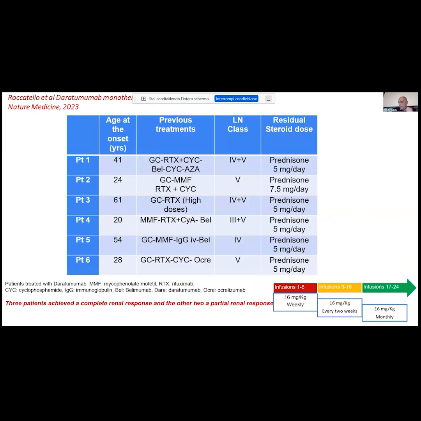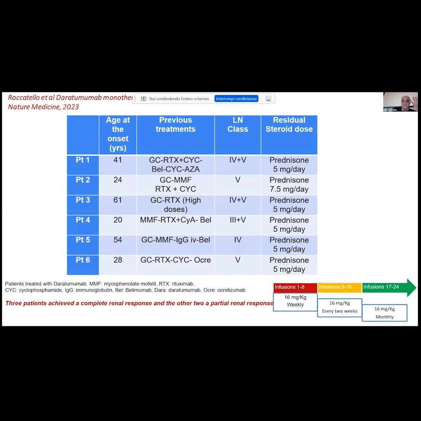We treated a small cohort of patients, and we recently published in August this year the results of daratumumab given in the scheme that you see below: 4 infusions weekly, then each 2 weeks, and then monthly, following the general scheme for myeloma.